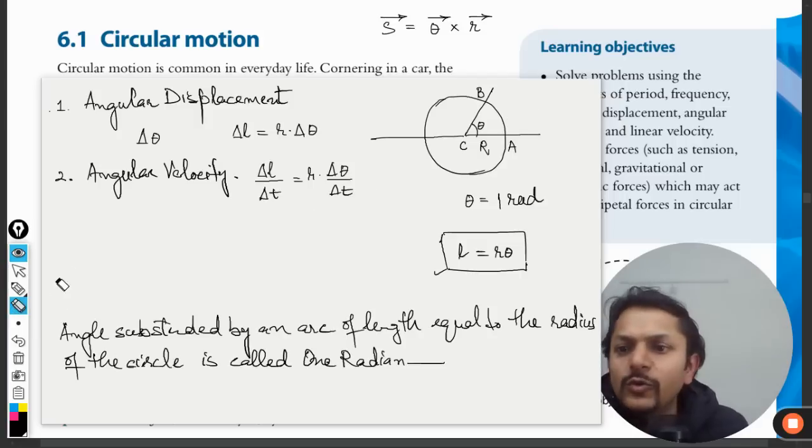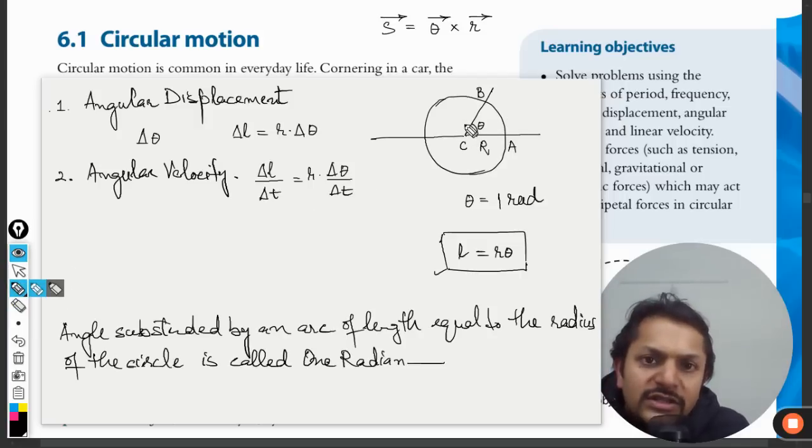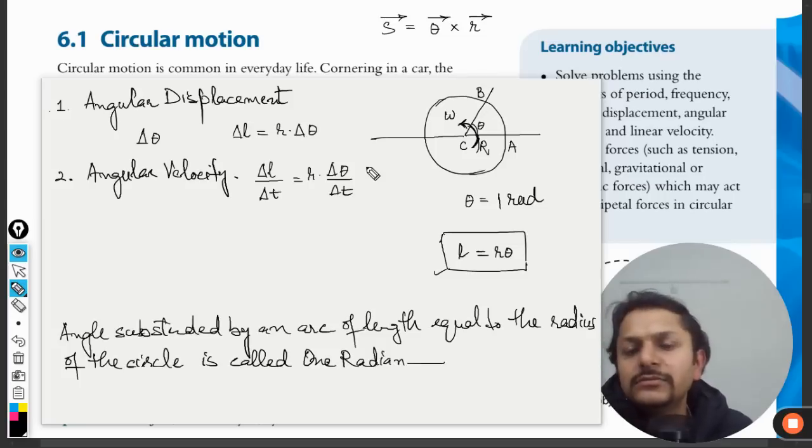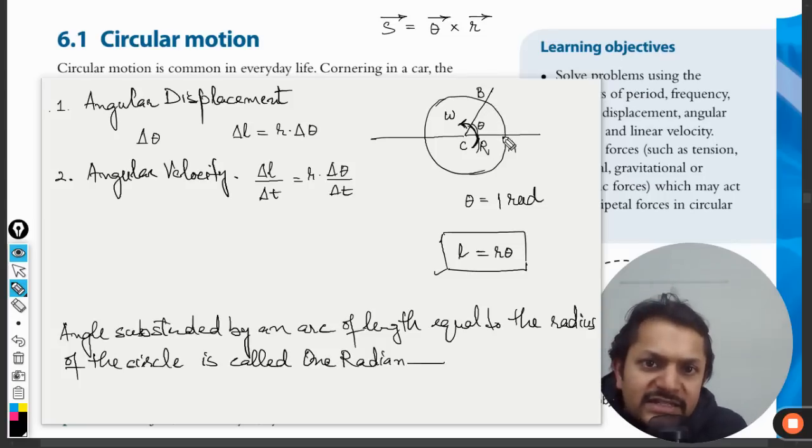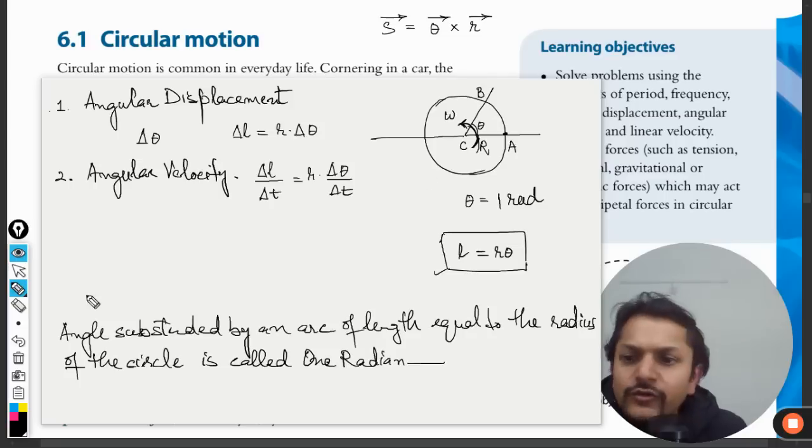Let me explain what this is. This is omega, the angle that you are traversing in some time, and the distance here is the length L. So what is the velocity here? Velocity will be shown like this.